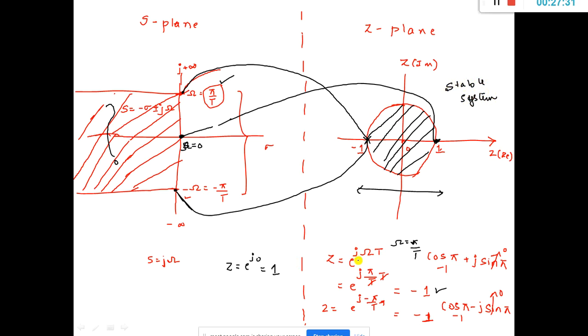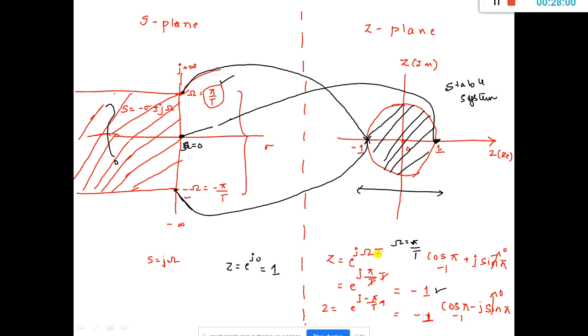Is this clear? Is this clear? The point is, any pole on the left-hand side of the s plane, represented as minus sigma plus or minus j omega, is going to be mapped onto the z plane where the z value will range from minus 1 to plus 1.